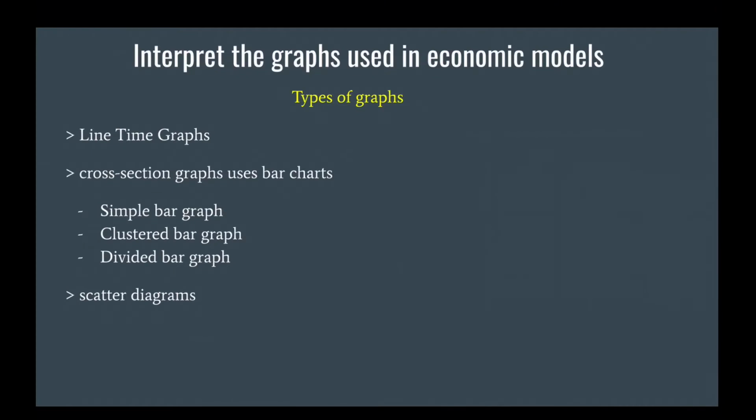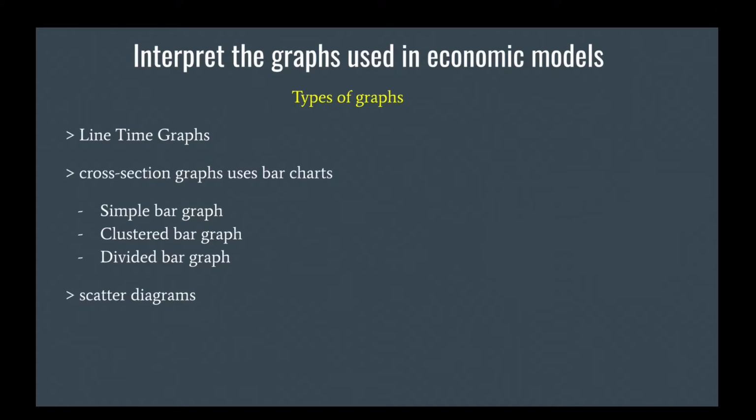Next comes interpreting the graphs used in economic models. The most common types of graphs used in economics are of three main types. One is line or time series graphs, the second is cross-section graphs, which use bar charts, and the third is scatter diagrams.